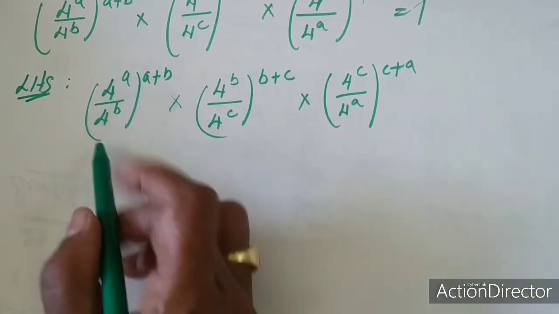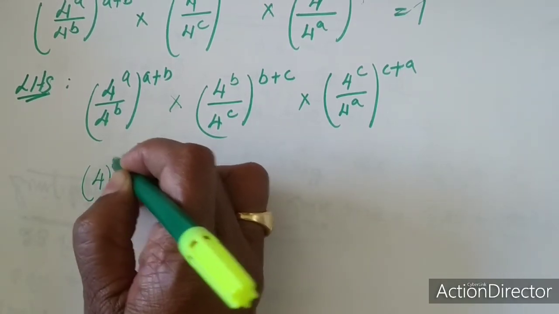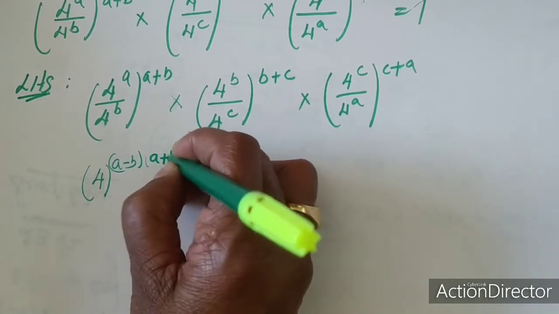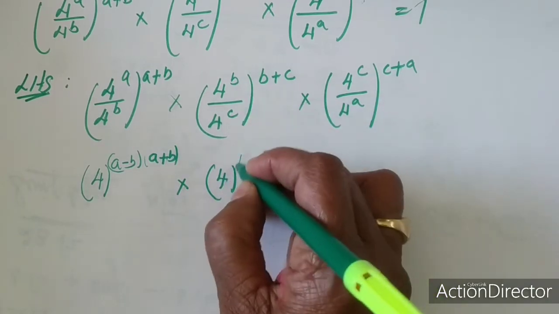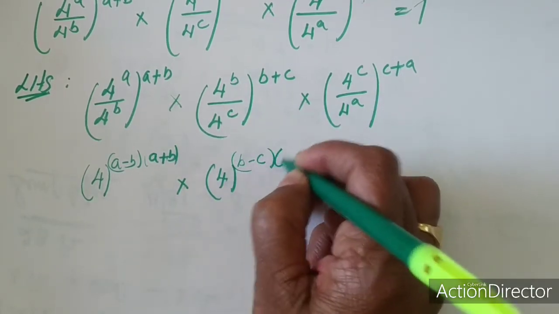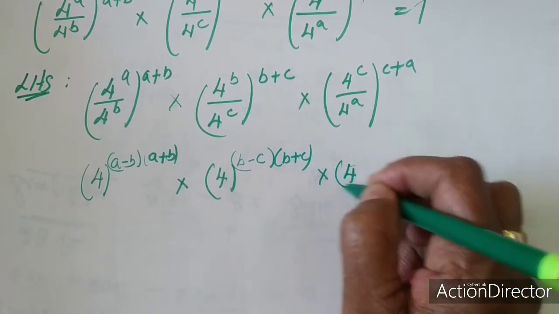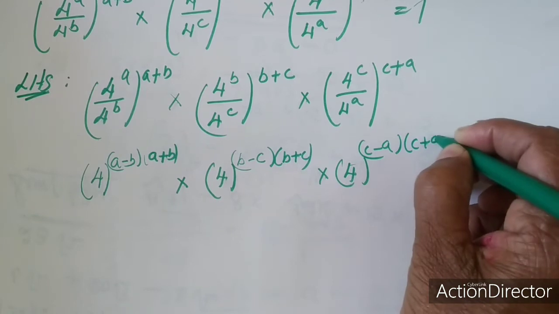So this can be written as 4 raised to the power of (a minus b) into (a plus b), times 4 raised to the power of (b minus c) into (b plus c), times 4 raised to the power of (c minus a) into (c plus a).